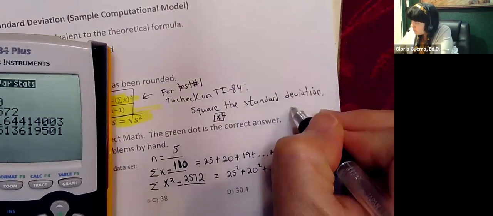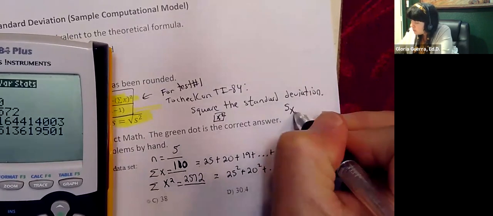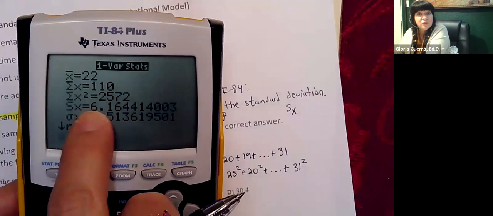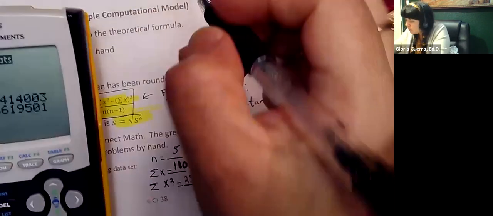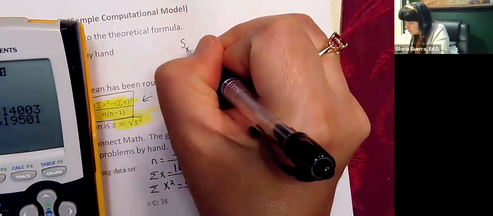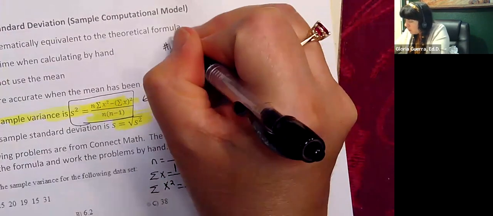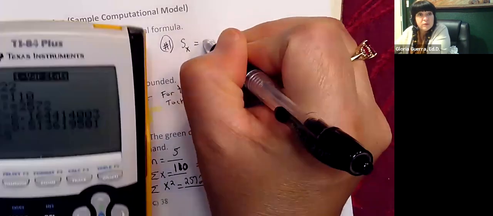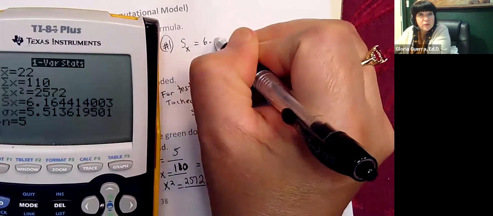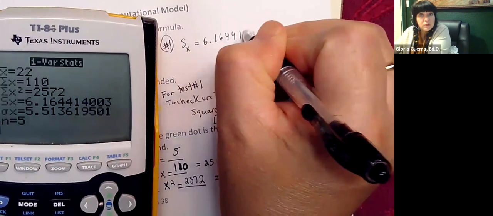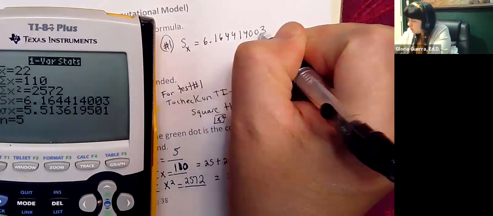And remember, standard deviation is S of x. So you see this right here, see that? S of x, that's your standard deviation. So over here, I'm going to write that down, S of x, and this is for number 1. And it's 6.164414003, and this is units.